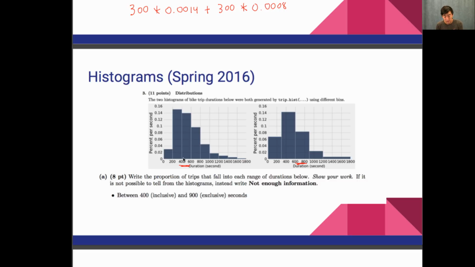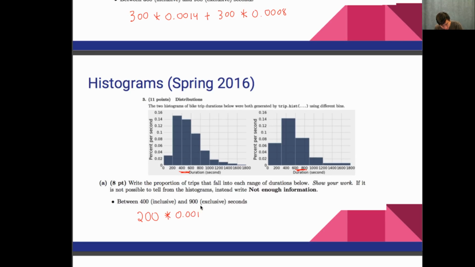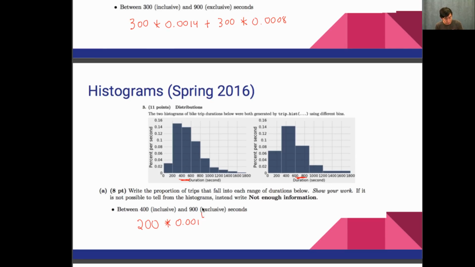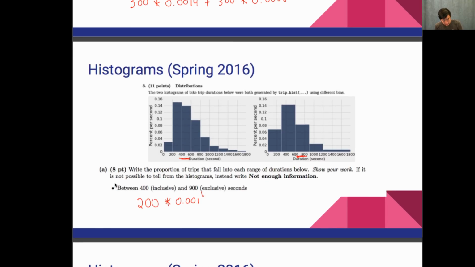It's obviously just going to be the width times the height of the bin, which is 0.14% of a percent. So it's going to be 200 times 0.0014. And that's from 400 to 600.